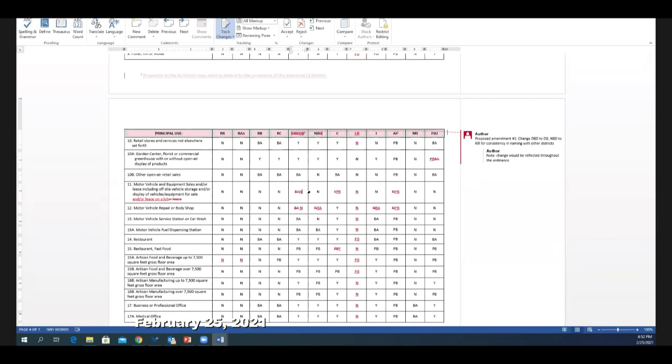This would really refer to any new, oh, I'm sorry, this is sales to begin with. So I need to stop using the Viola example. Well, the one right below it is also a no. Right, thank you. So anything new would not be allowed in the downtown district that is either motor vehicle sales or repair. Tom, I think we had talked about that and said to leave it alone as BA for repair, for number 12.